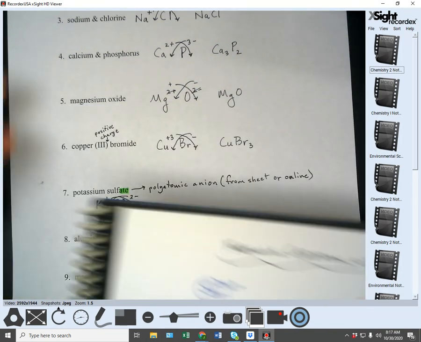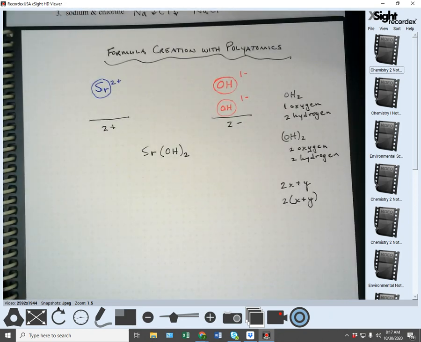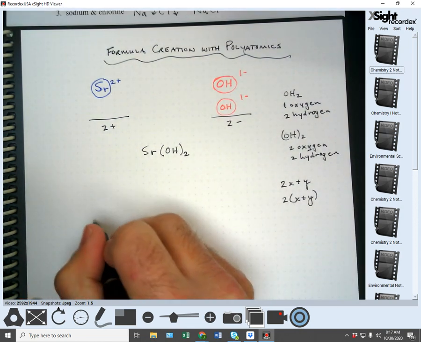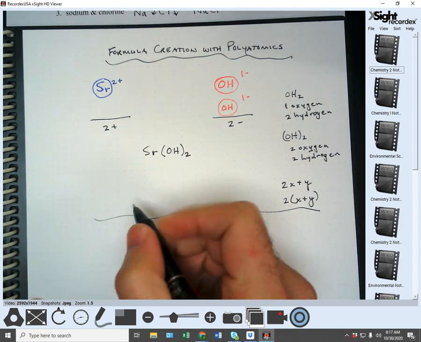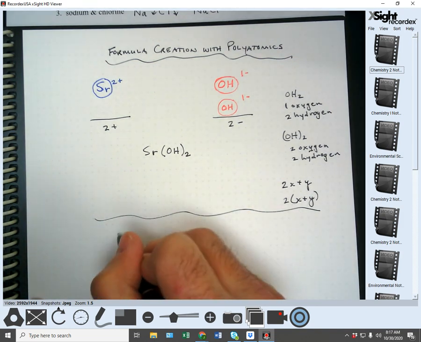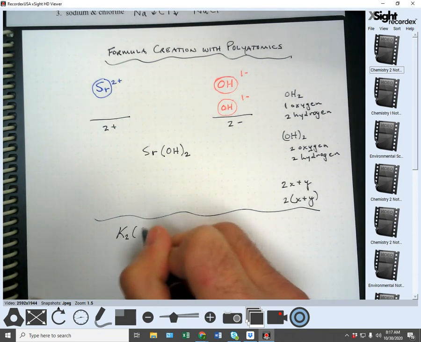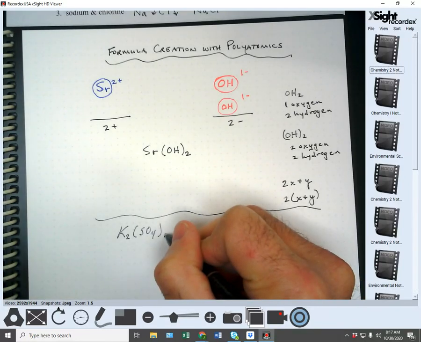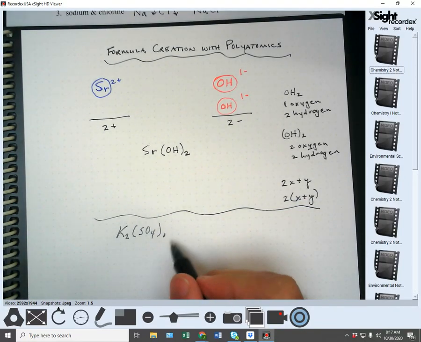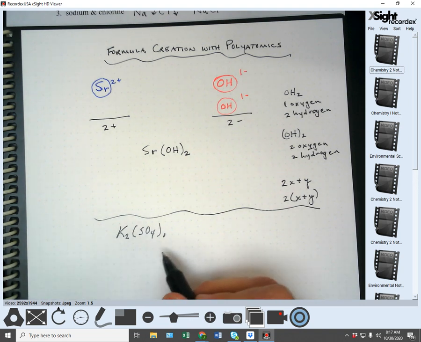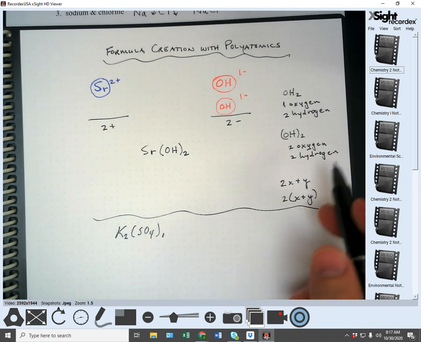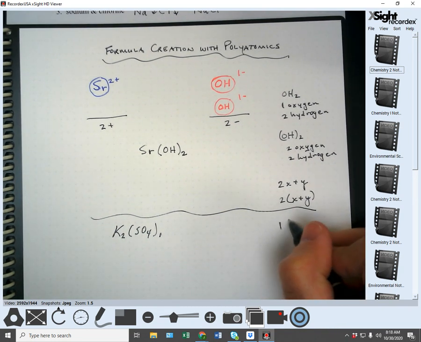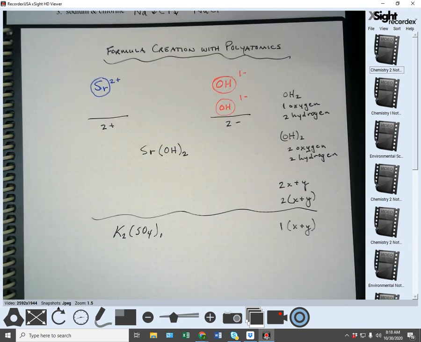Now, when we have something like K2 SO4 1 like this, remember, anytime we have a subscript of 1, we don't need to put it, because just by writing it in there, we're assuming that we know we have one of those. So this is sort of like, if we go back to the algebra example, we don't have to write 1 and then put x plus y in parentheses.